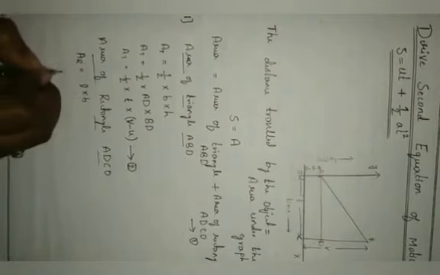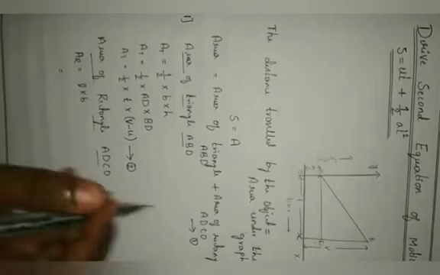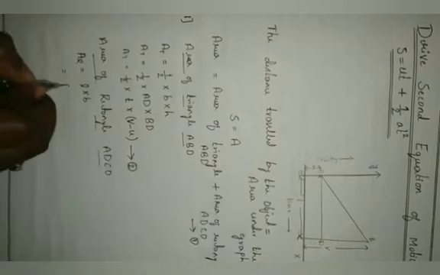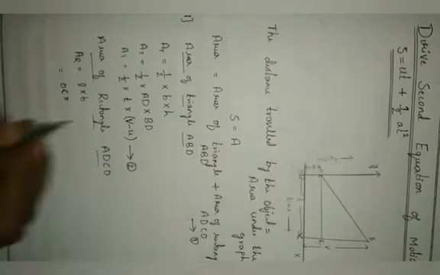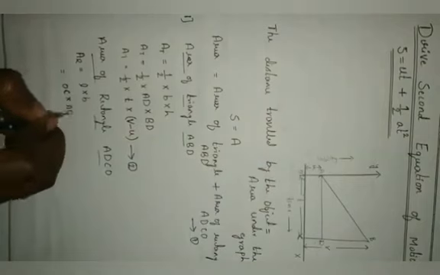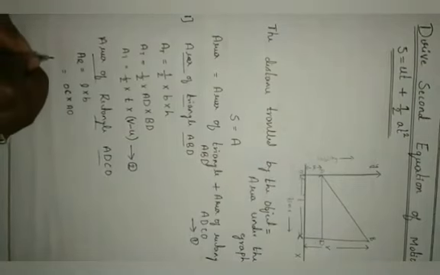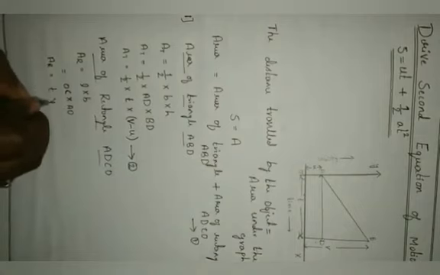So length is OC into breadth DC or AO. Now for the area of the rectangle, OC is t into AO is u.